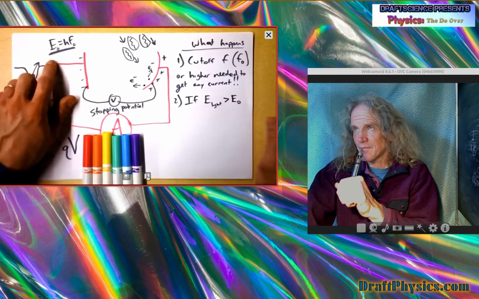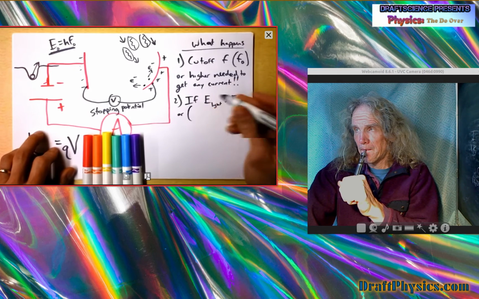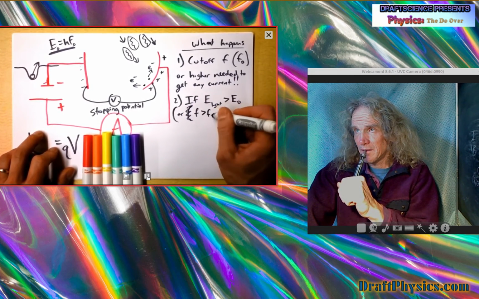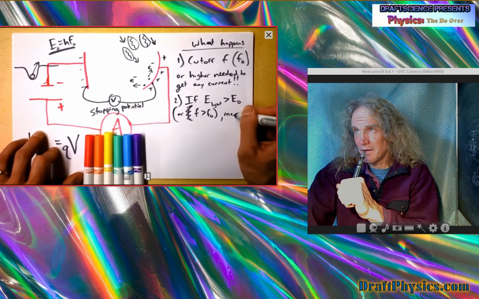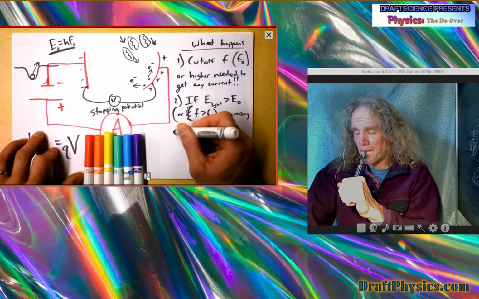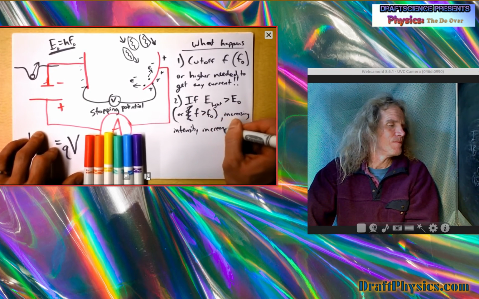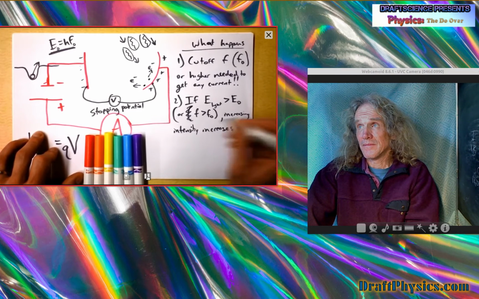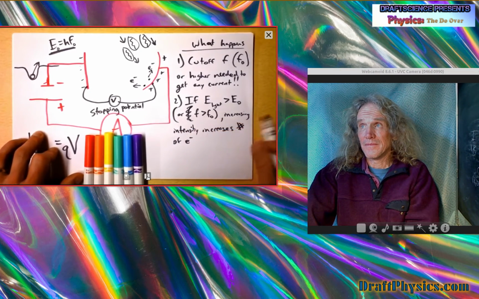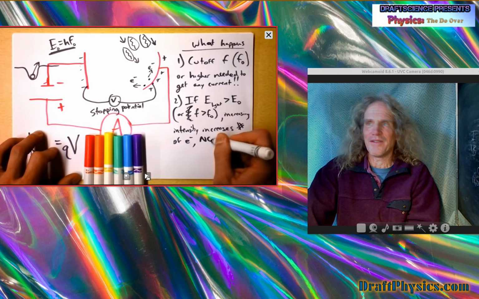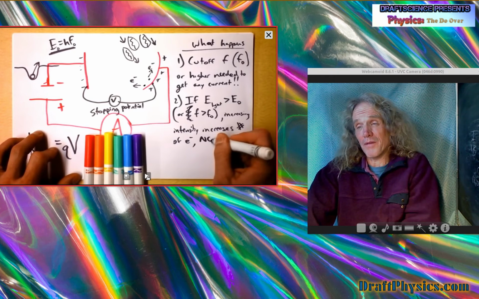Than the cutoff energy of the light, or f is greater than f naught, increasing intensity increases number of electrons. Once you have the right frequency, then you can affect lots of water molecules with microwaves. Yes, the more microwaves, the more water molecules affected.